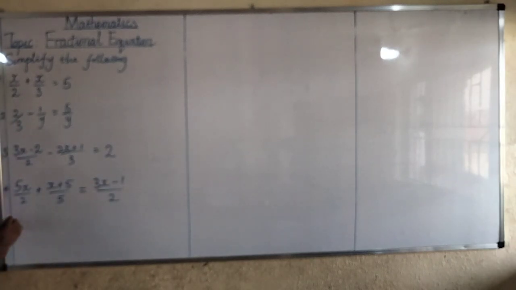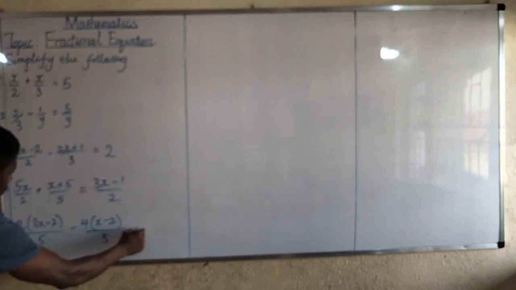And number 5 says we should simplify 2 bracket open 3x minus 2 all over 5, minus 4 bracket open x minus 2 all over 3, equal to 0.